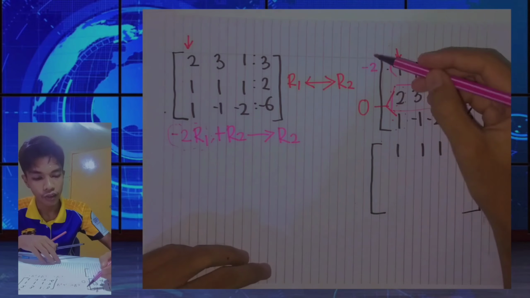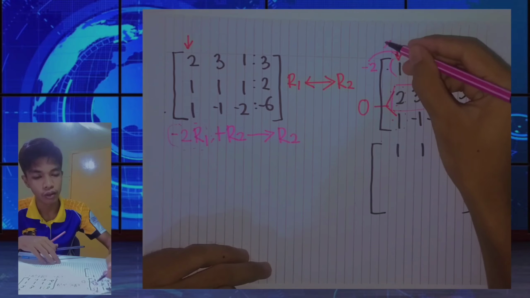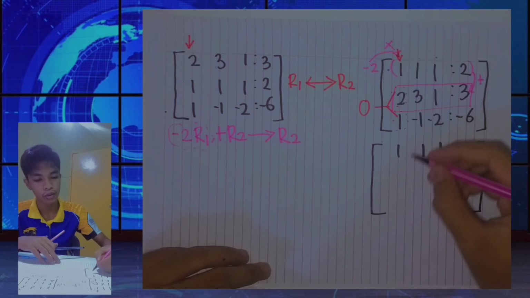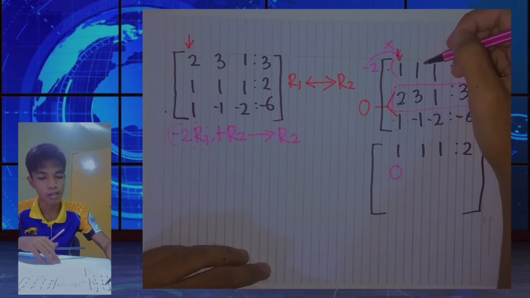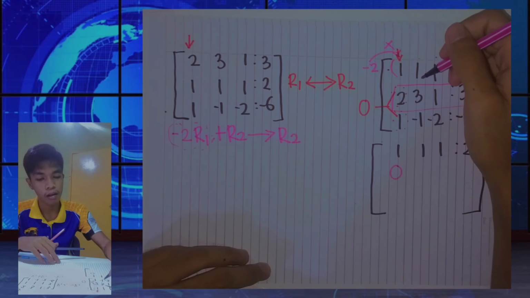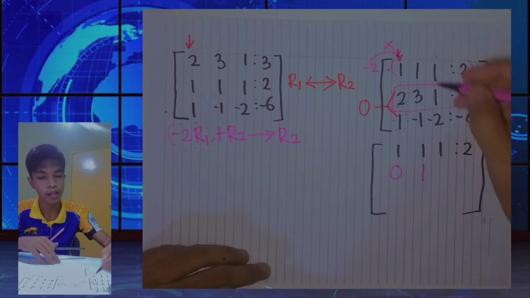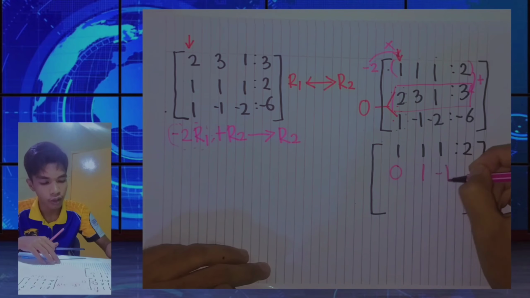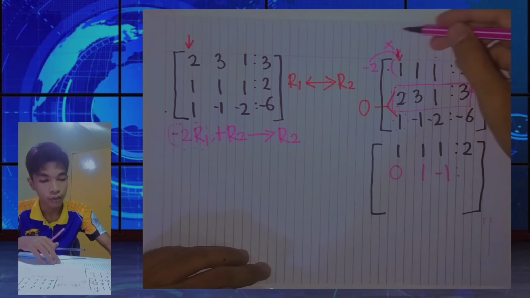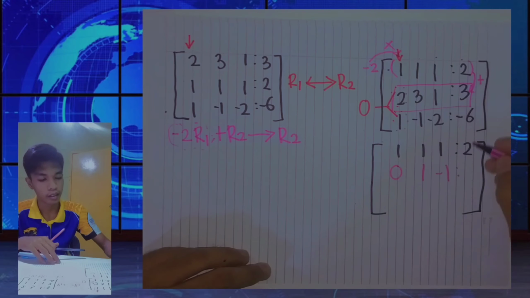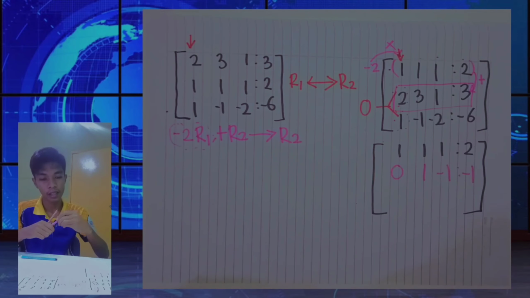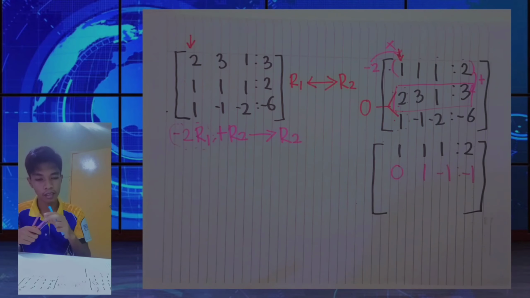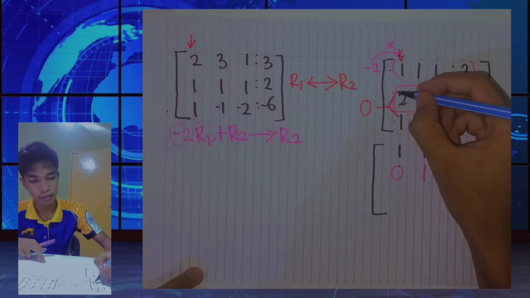So -2 times 1 is -2 plus 2, here will be 0. -2 times 1 plus 3, we will get here 1. -2 times 1 plus 1, we will get here -1, and -2 times 2 plus 3, we get here -1. So we already settled down the second row, second column, this one.